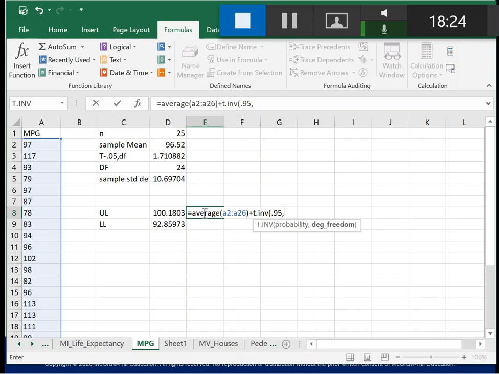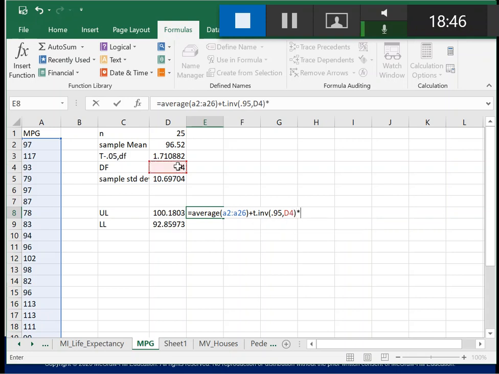Degrees of freedom, I can go ahead and just type in 24 here, or I can use my cell reference there. If I wanted to, instead of using that cell reference, I could plug in the formula of 25 minus 1. Usually we don't have to use a formula for the degrees of freedom because it's just n minus 1.